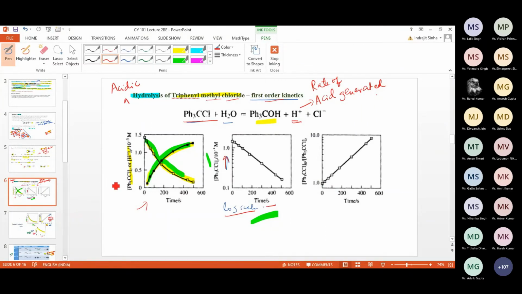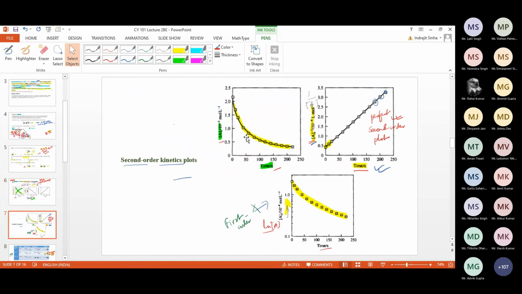And how do we look at it? If it follows a particular equation, an integrated rate law, then we can say that it is first order kinetics or second order kinetics. This is another example of second order kinetics.